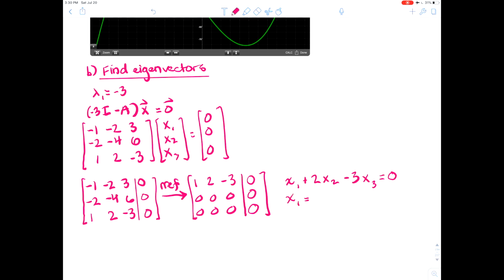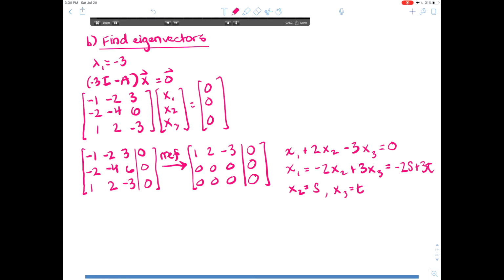Isolating x1, we'd get -2x2 plus 3x3. And so if I let x2 equal to s and x3 equal to t, x1 would equal -2s plus 3t.